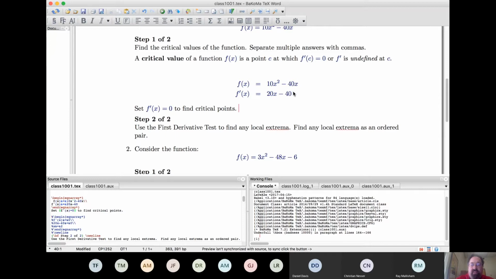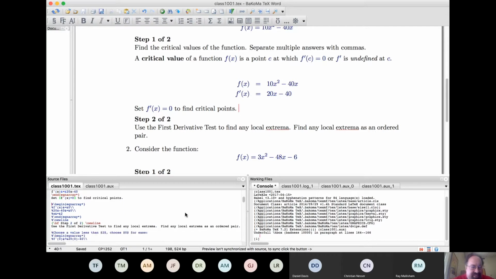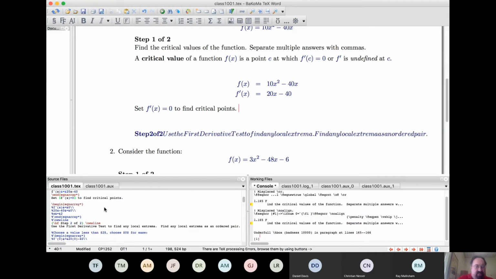Then we set this equal to 0 to find critical values, also known as critical points. These terms are synonymous. I've even seen them called critical numbers in other calculus textbooks. So you can think of a critical anything as a point at which the derivative is 0 or undefined.